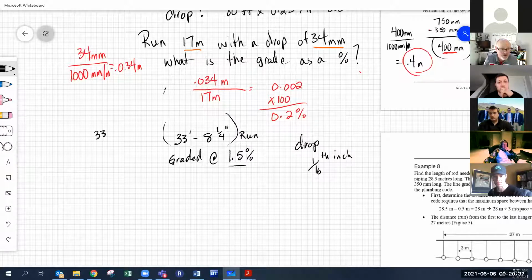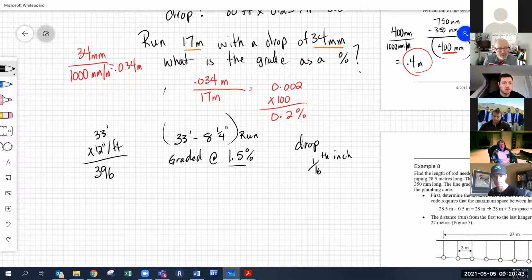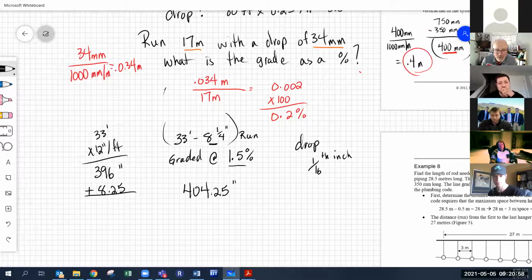So 33 feet times 12 inches per foot is equal to 396 inches. And then I add the 8.25, that's the 8¼ inches, to that. So my total run is 404.25 inches.